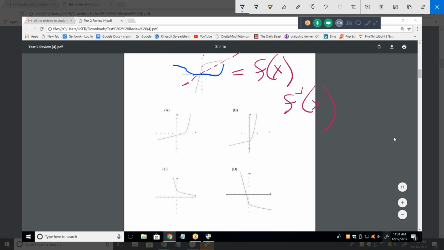So the other side is going to look like this. In other words, you always have to allow for the error of my artistry. Which answer is it? It's definitely A or B. I think it's B.